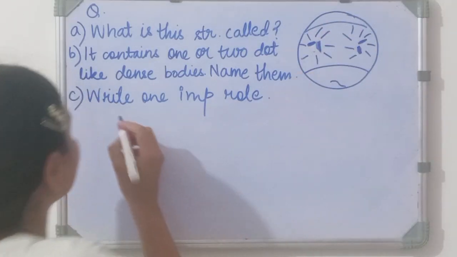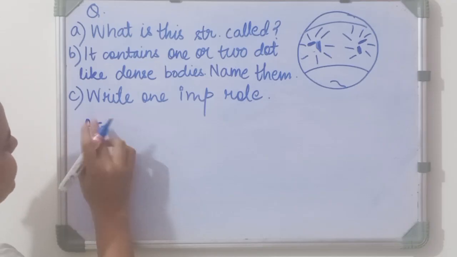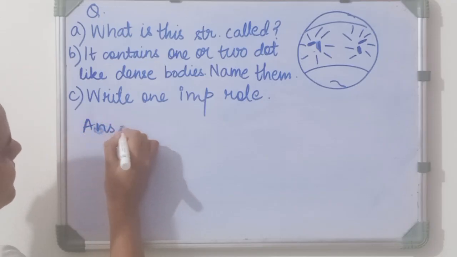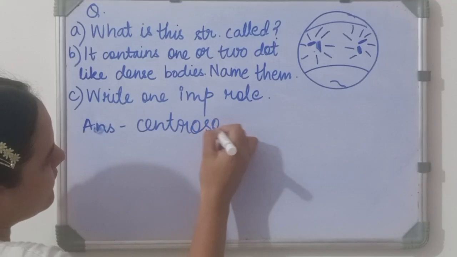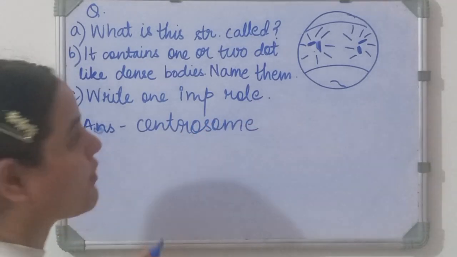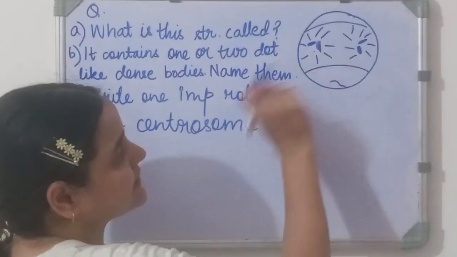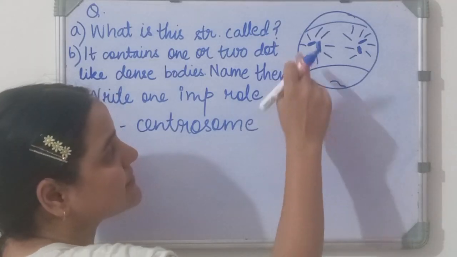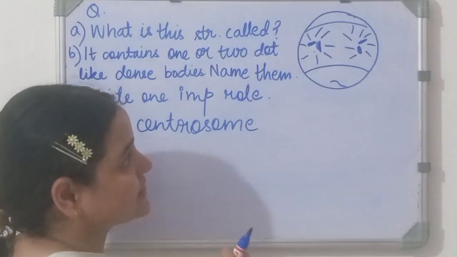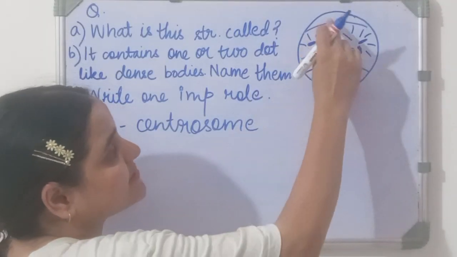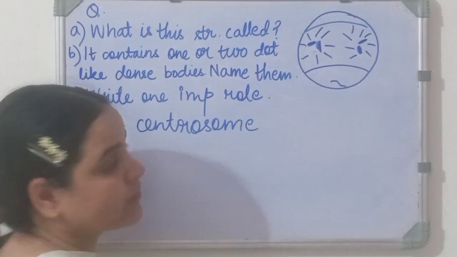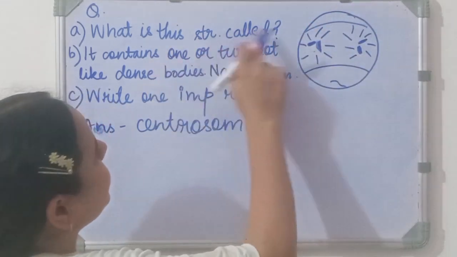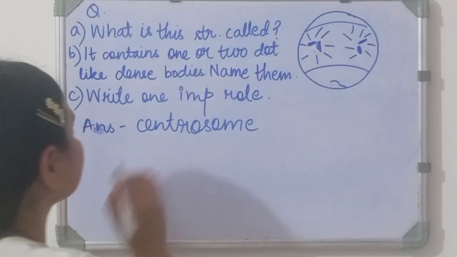Centrosome. So answer A is centrosome. Why? Because we can see two centrioles which are perpendicular to each other and spindle fibers are being formed from them. So this A is centrosome.